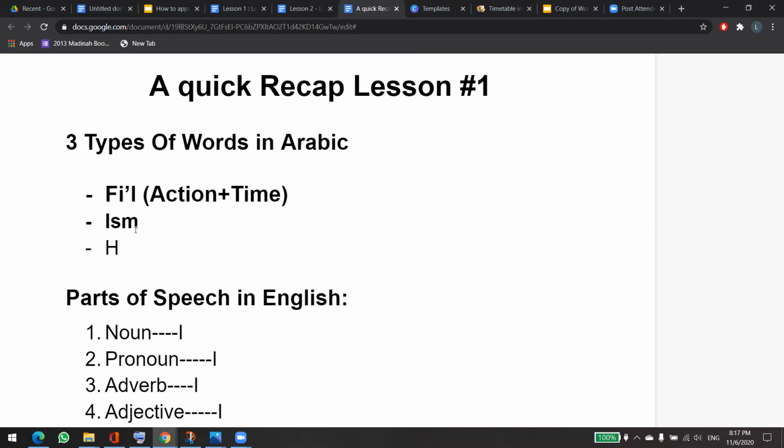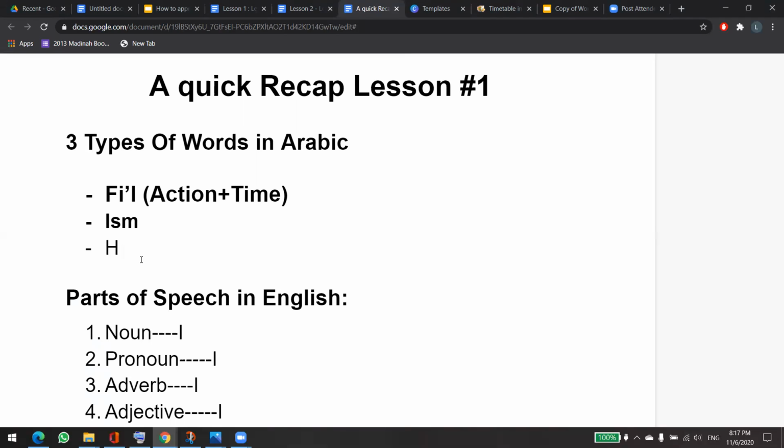And then we learned about ism and harf. Harf is a word that doesn't make sense on its own, but it only makes sense if it is followed by another word. And for practical purposes, in Arabic, any word that is not a fail or an ism is a harf.